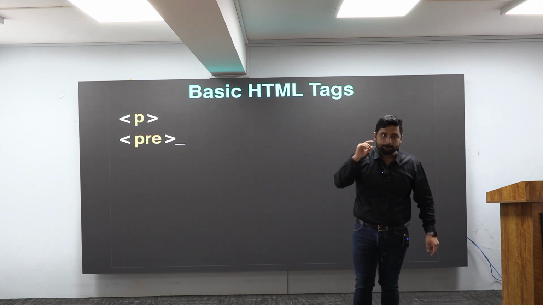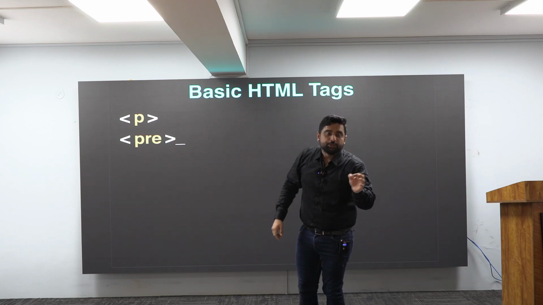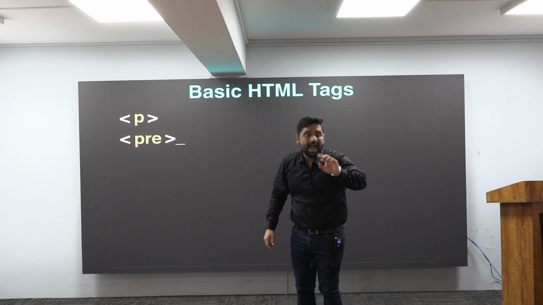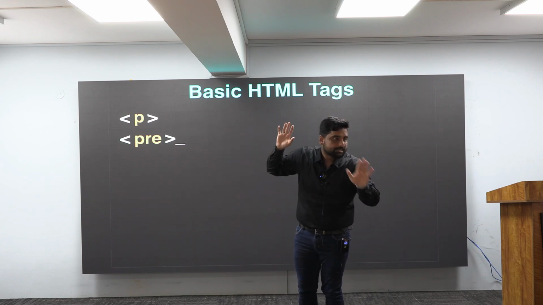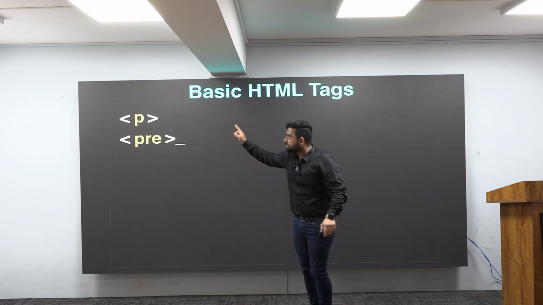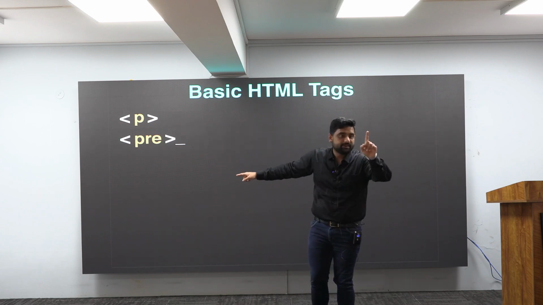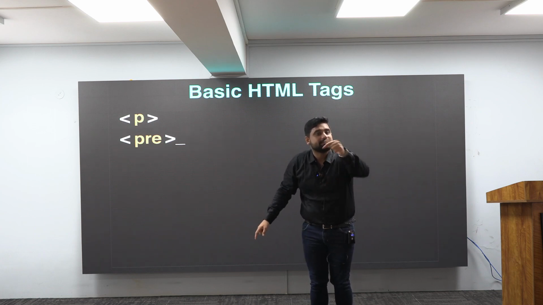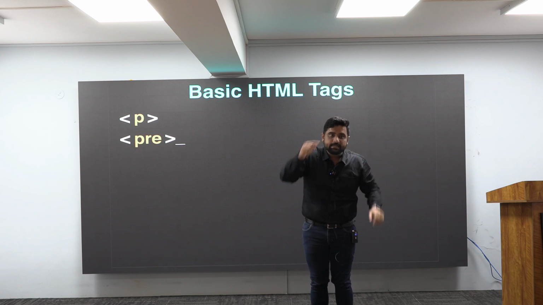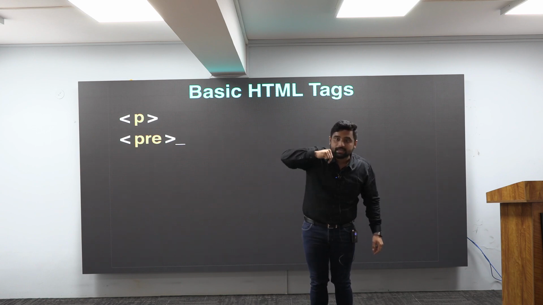But sometimes the scenario will come where you want your paragraph as it is, how you have written it in your VS Code. For example, using the pre-formatted tag, I have written tab in the first line and academy in the next line.